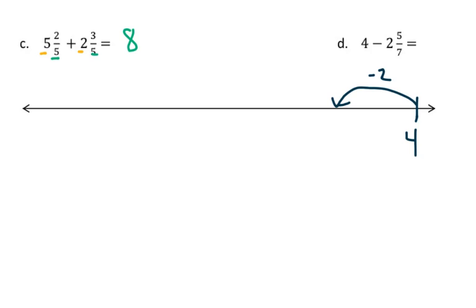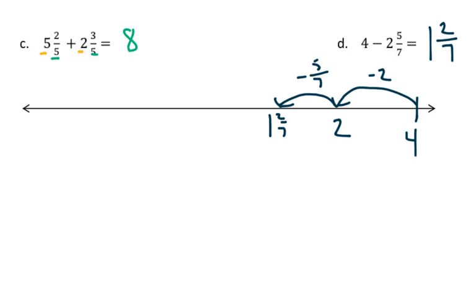So I have my whole number 4 minus 2 is going to be 2. And then I'm going to be subtracting 5/7. And that would bring me to 1 and 2/7 on the number line. So the answer to D, 4 minus 2 and 5/7, is 1 and 2/7.